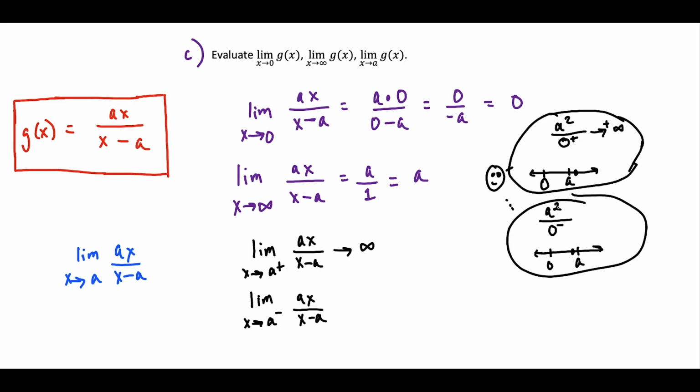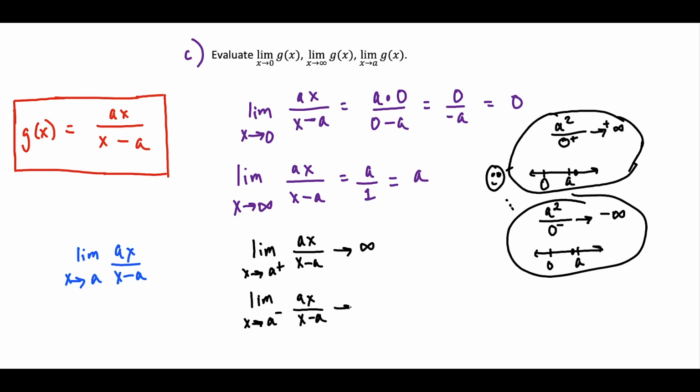So now I have a positive number divided by a super, super, super small negative number, and that's going to head towards negative infinity. Okay, the most common mistake I see with this is people think this is an indeterminate form, but anytime you have a number divided by a small positive or a small negative, you can say whether or not it's going to plus or minus infinity.